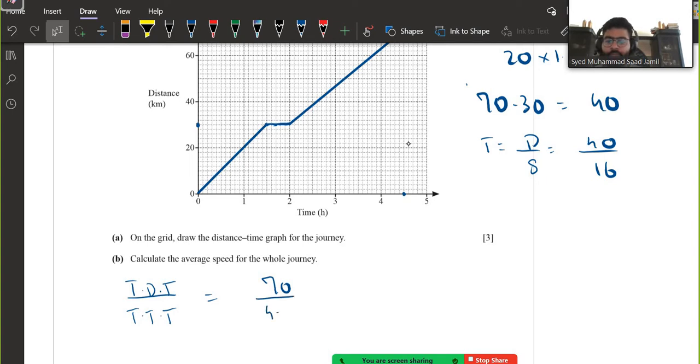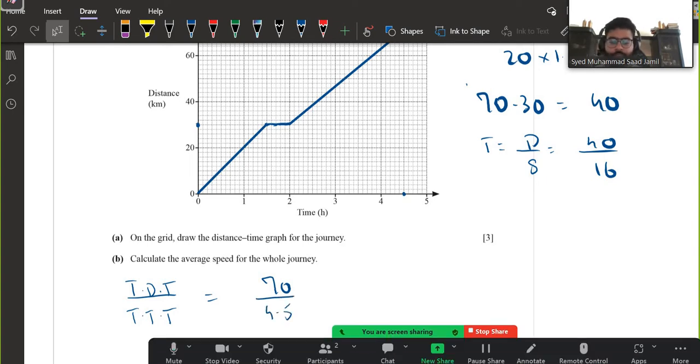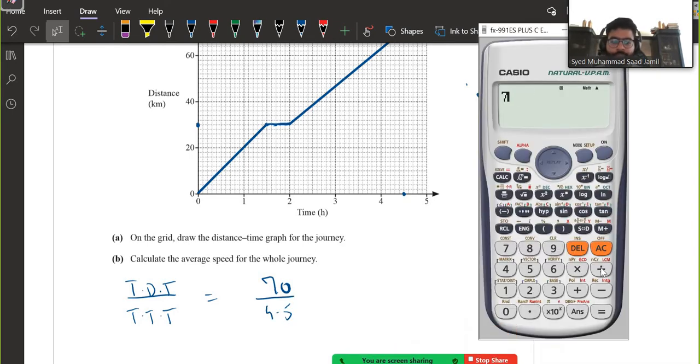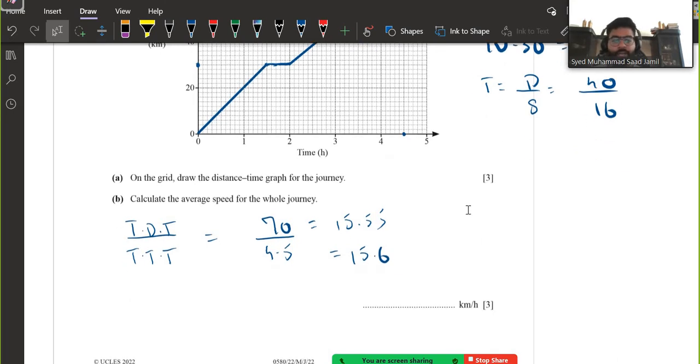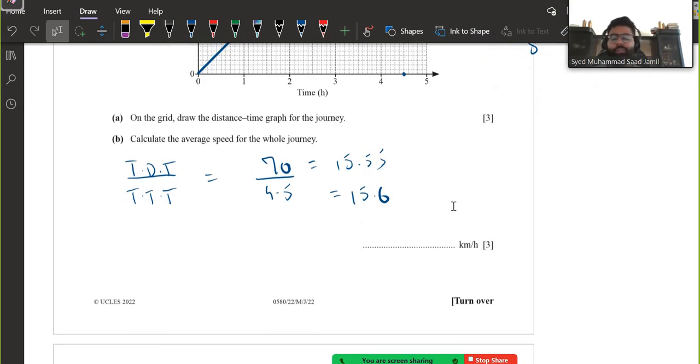So divide this by 4.5. 70 divided by 4.5 is 15.5. Since this calculator is showing a line, it means 15.555555, so it means 15.6. That's our average speed, 15.6 kilometers per hour.